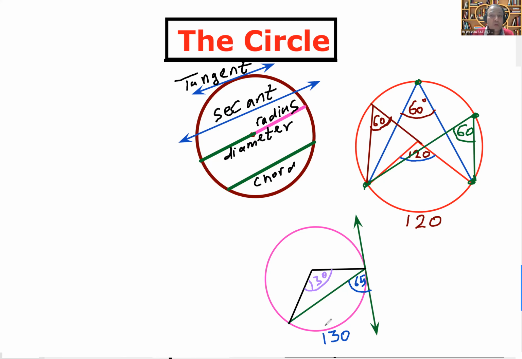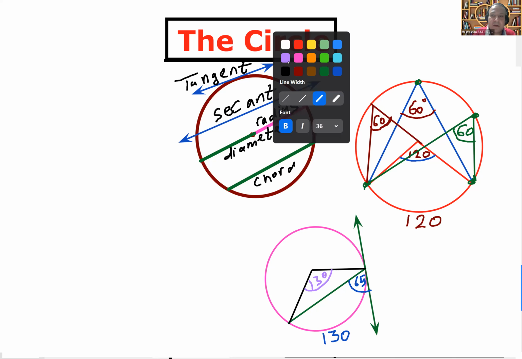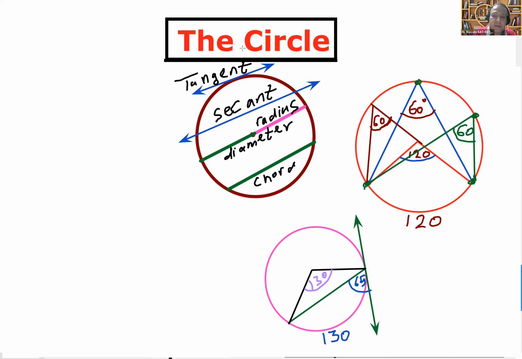Now, who can tell me also what is the measure of this angle? 65. Yes. Now we got all the relations. We have four. Angle of tangency and inscribed angle have the same measure, 65 and 65.